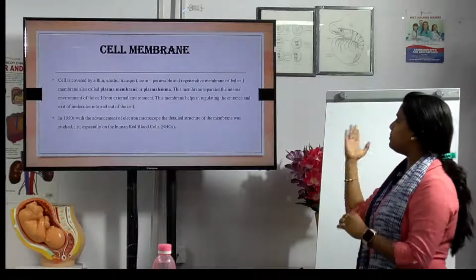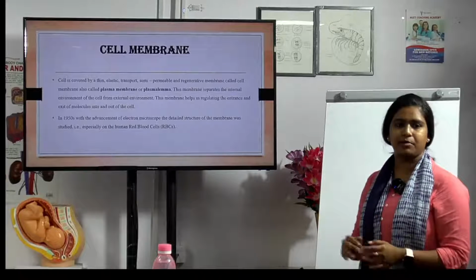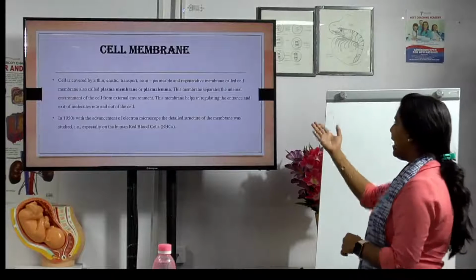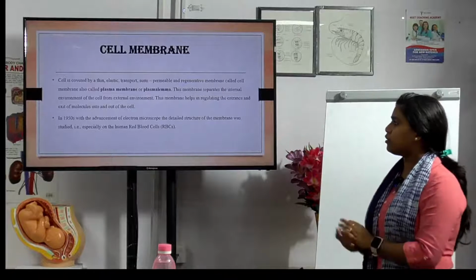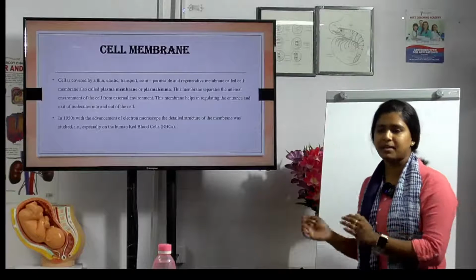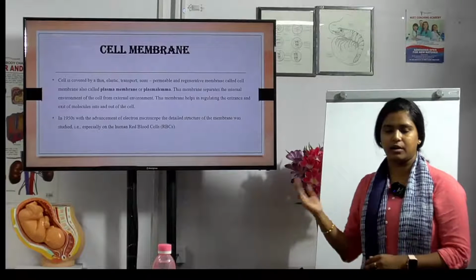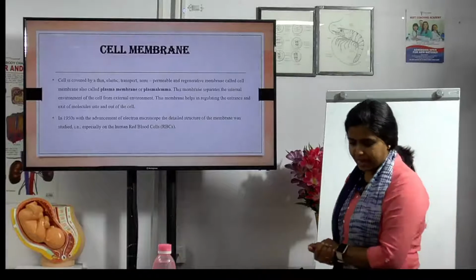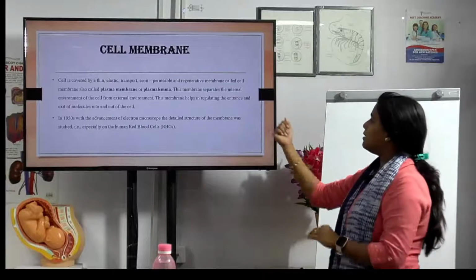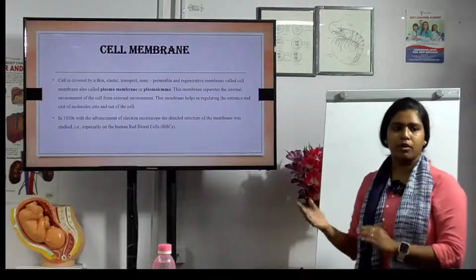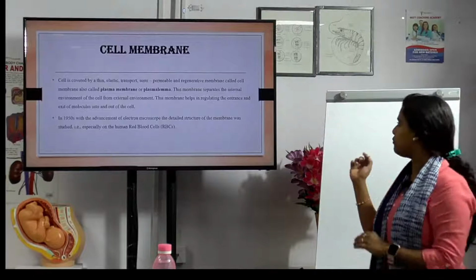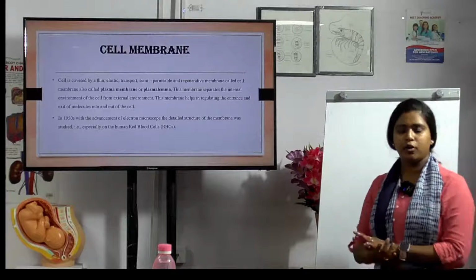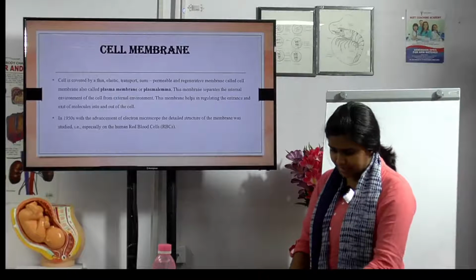This membrane separates the internal environment of the cell from the external environment and also helps in regulating the entrance and exit of molecules in and out of the cell. So the plasma membrane is responsible for all of that, in and out. In 1950, with the advancement of the electron microscope, the detailed structure of the membrane was studied, especially on human red blood cells.